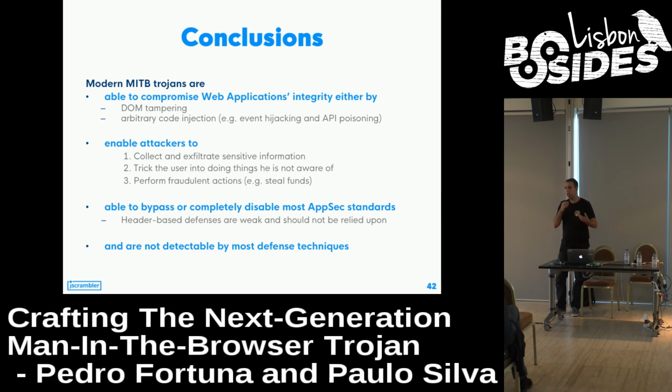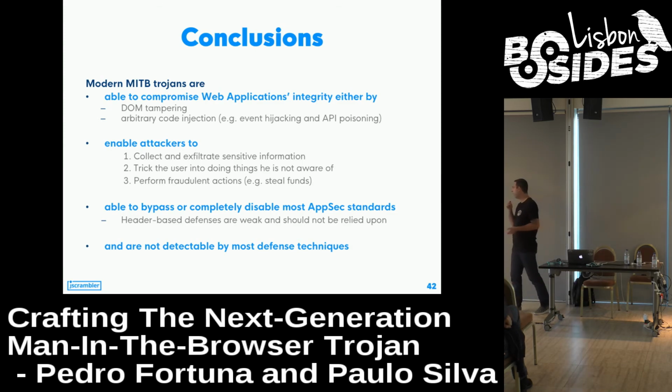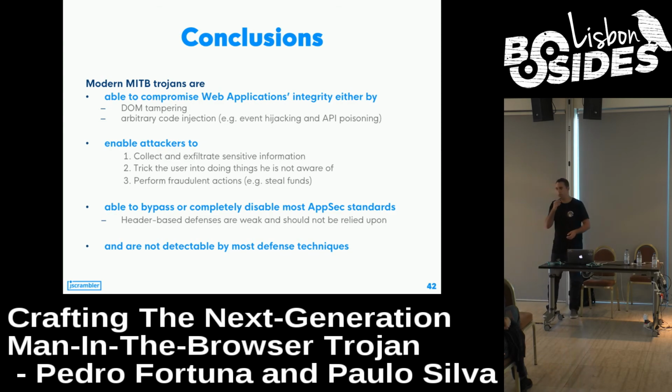They can just steal money, for instance, in this website, and it was easy enough to completely defeat most application security standards like CSP and other standards that are based on headers. And other techniques, we saw that they can do nothing against this type of attack.